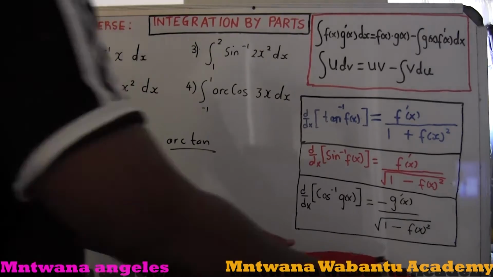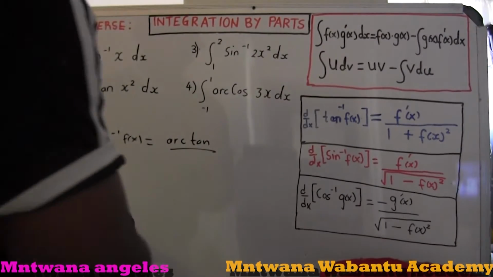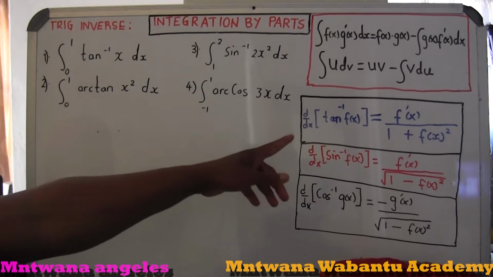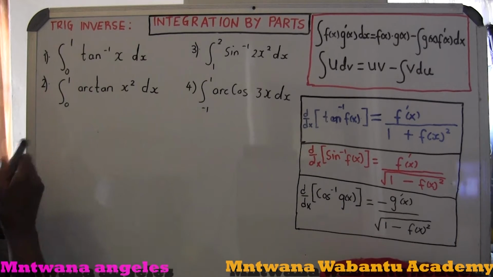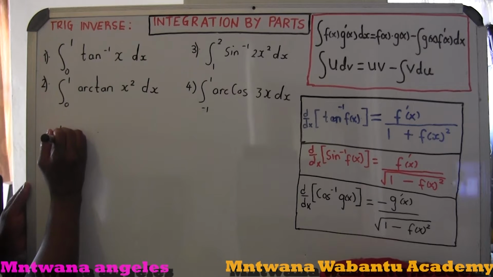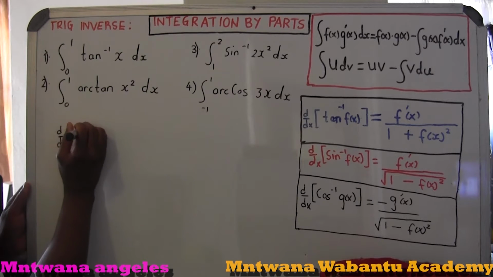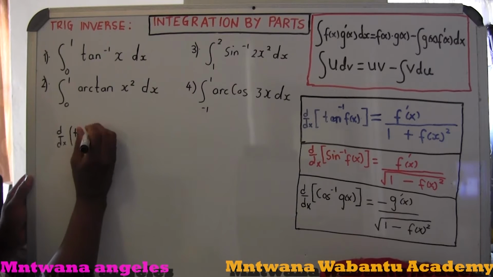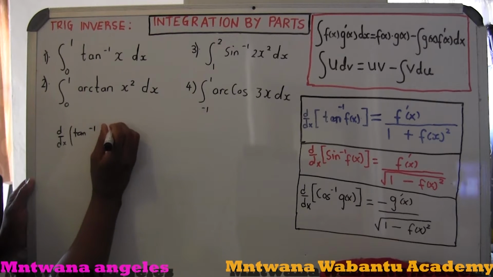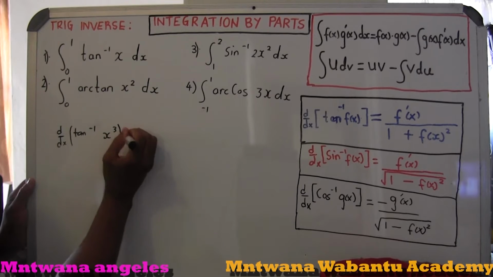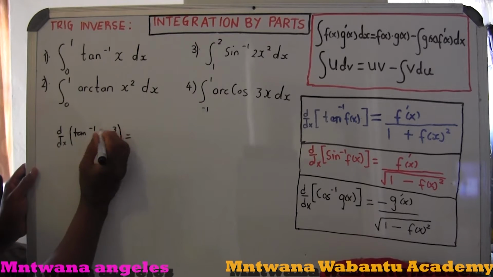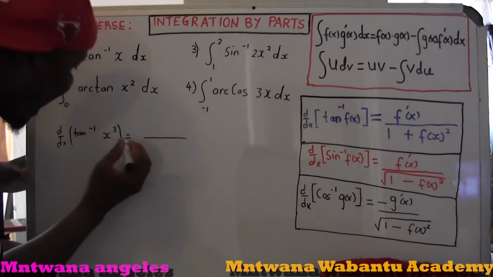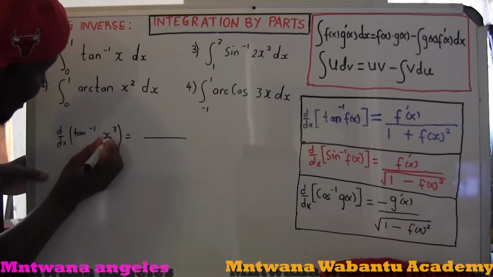So now let's start with the first question. Before we get to integration by parts, let's start with the inverse of trigonometry. If somebody says differentiate tan inverse of a certain function, let's say x cubed, you take this function and differentiate it.